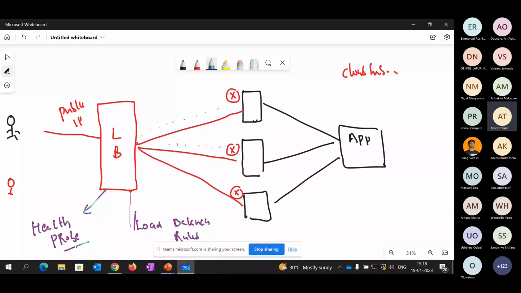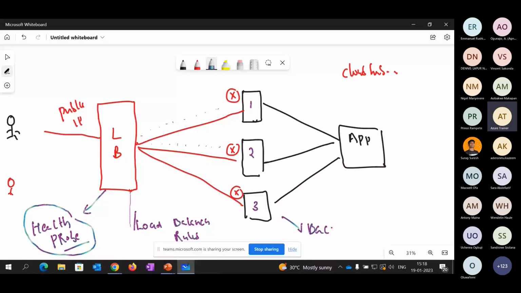Health probe means you have multiple servers available here, so Microsoft will ensure the status or health of all these VMs. All the VMs or servers currently being used are known as the backend pool.